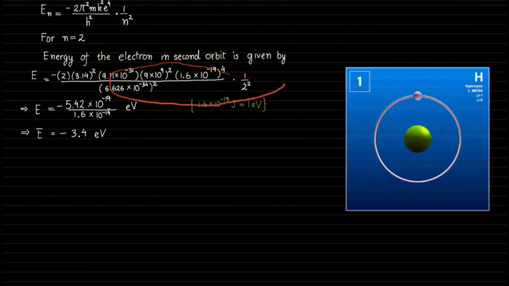If you do this calculation, you will get minus 5.42 times 10 to the power minus 19 upon 1.6 times 10 to the power minus 19.